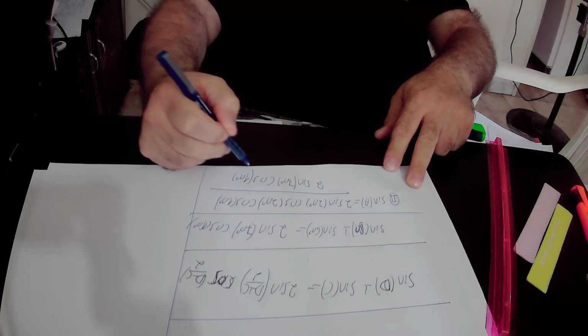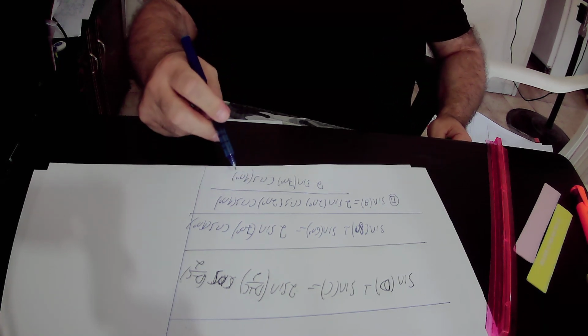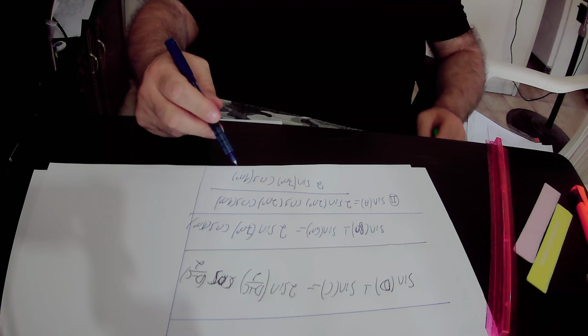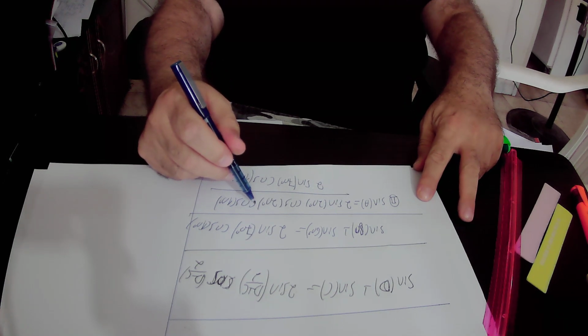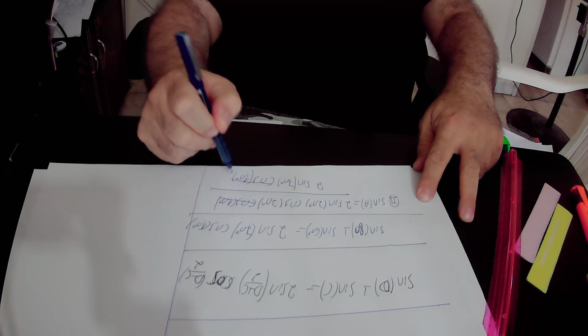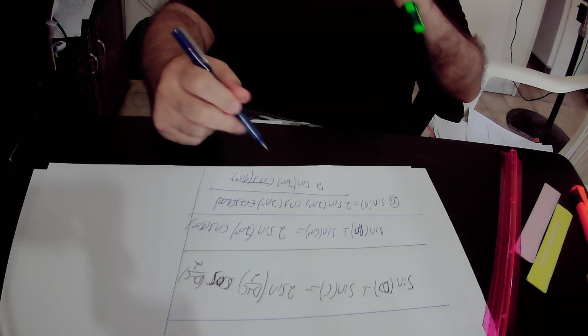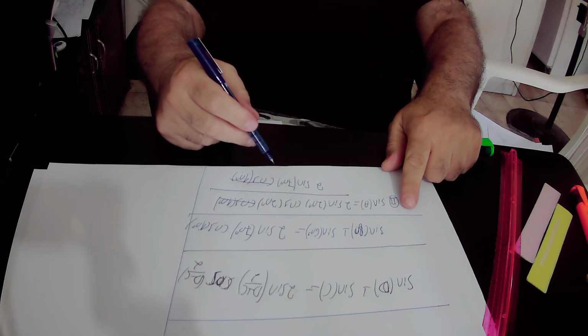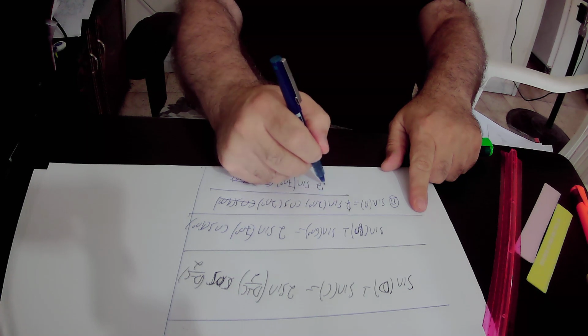Okay, so here we have cosine 10 degrees in the numerator and cosine 10 degrees in the denominator, so cosine 10 degrees will get cancelled. We have 2 in the numerator and 2 in the denominator, so 2 will also get cancelled.